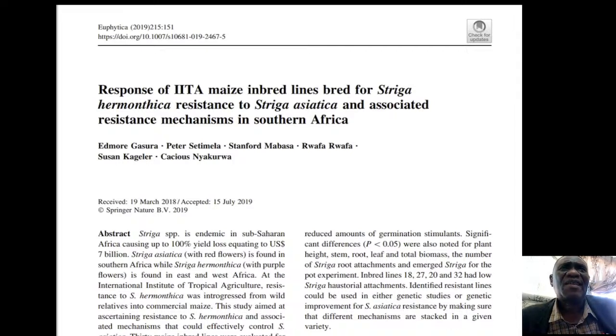We now have a company known as VN Seed Company. Maybe it will produce a number of seeds for market, and some of the maize seed should be tolerant to Striga asiatica.